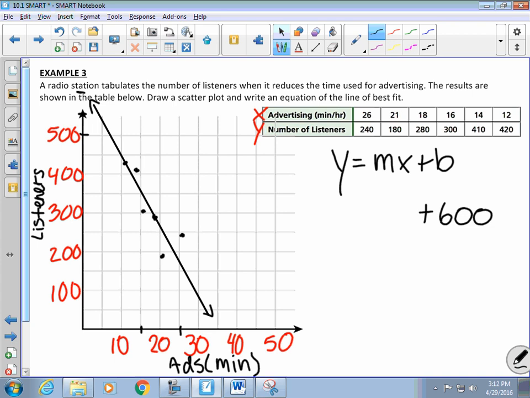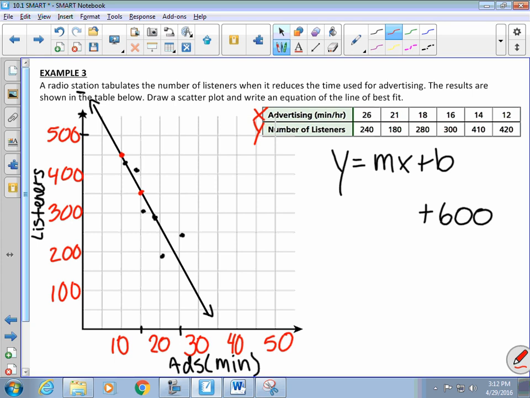And then in order to determine my slope, I really want to try and find 2 points that are on the line, or 2 parts where my line goes through the grid lines of that graph. So I'm going to go with this coordinate here. And then really there's a couple of good places. Best place is going to be right here.